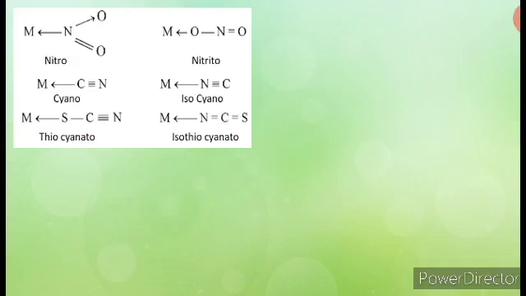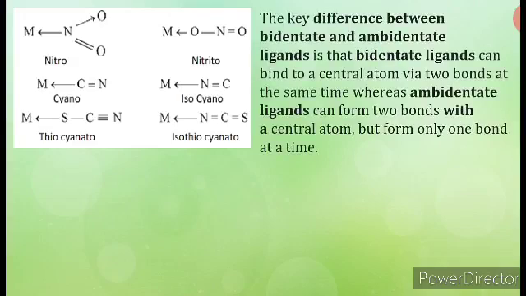Okay, as I told, the difference between the bidentate ligand and ambidentate ligand is that a bidentate ligand can bind to the central atom via two bonds at the same time through two different donor atoms, while an ambidentate ligand can form two bonds with a central metal atom but forms only one bond at a time.